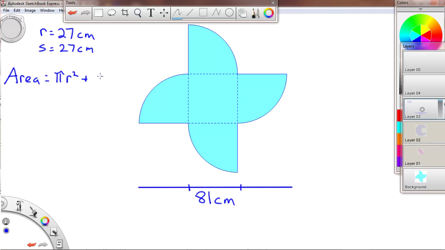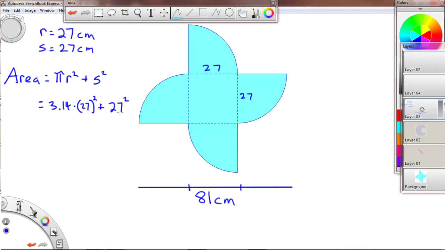And then the area of the square is just going to be, so this is 27. I'm going to multiply 27 times 27, but I'm going to write it down in formula version first. So I'm going to take this side and square it to find the area of the square. And here we go. So this is going to be 3.14 times 27 squared plus, well, side is also 27, so it's plus another 27 squared.